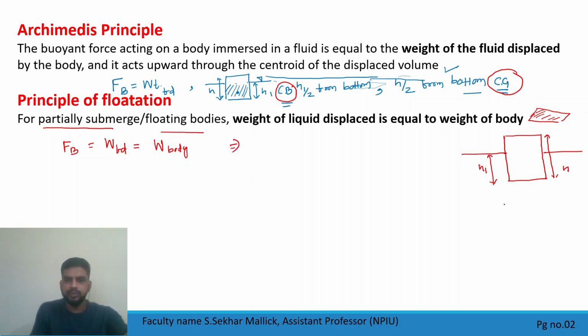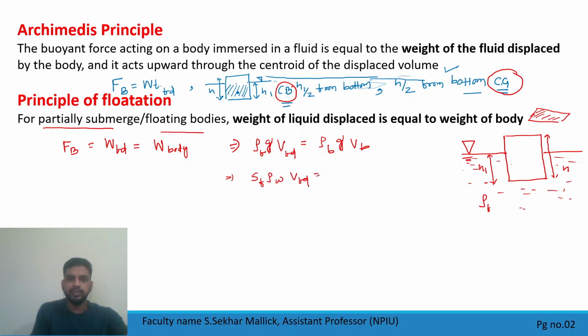Suppose this is rho of fluid given, that will be equal to rho of fluid g into volume of fluid displaced is equal to rho of body g and volume of body. g gets cancelled, and I can write specific gravity into rho of water, volume of fluid displaced is equal to specific gravity of body into rho of water, then volume of body.